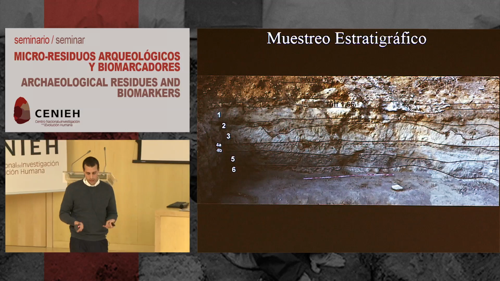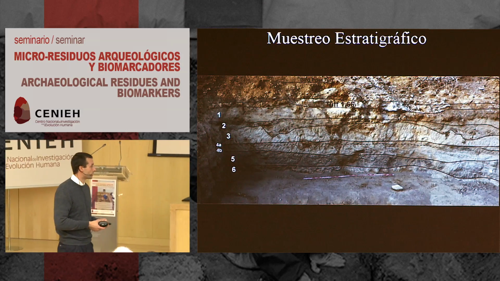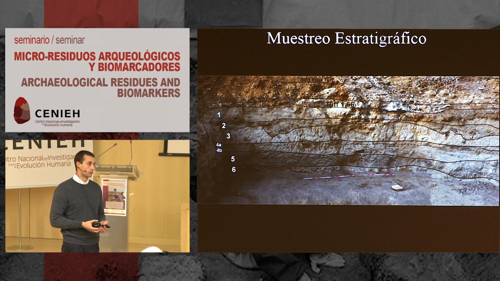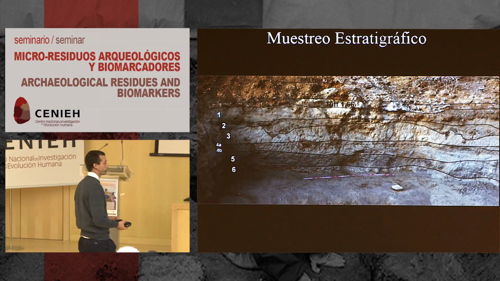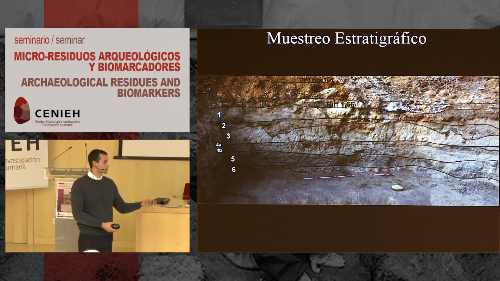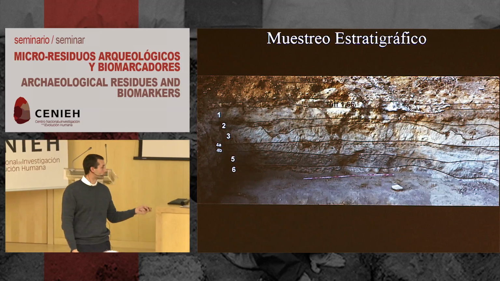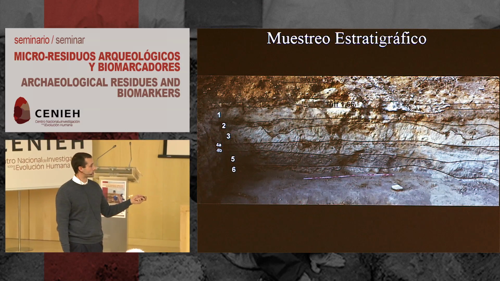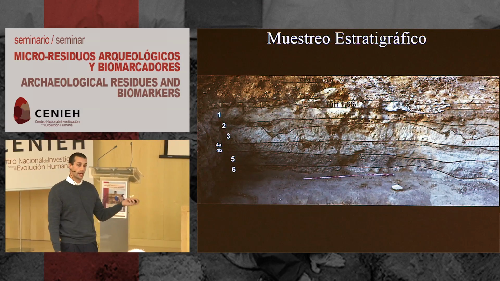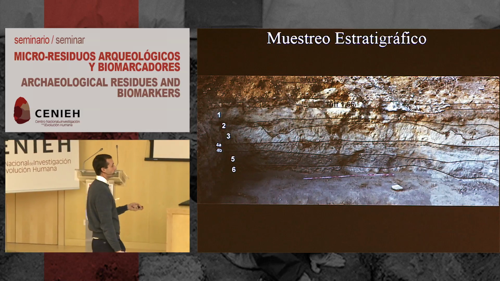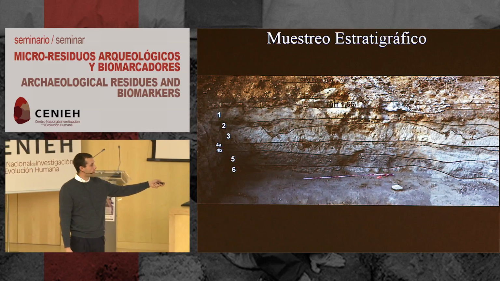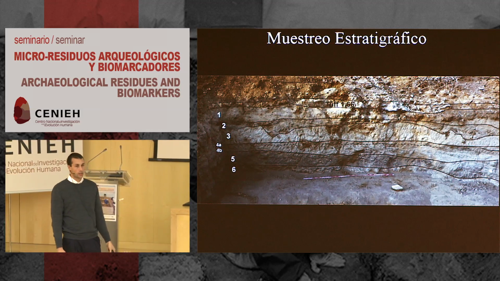So in terms of selecting and collecting samples, we typically take a column approach. I don't know whether or not you work with archaeological horizons like this, but our approach is to sample from the different stratigraphic units. In this instance, from FLK in Olduvai, we usually do a bottom-up approach.